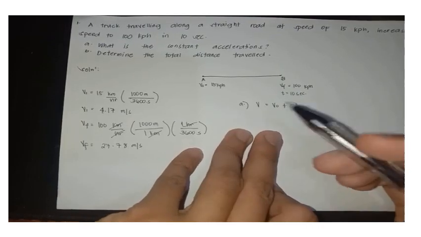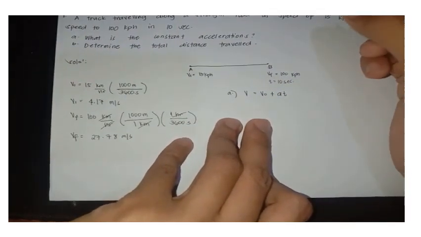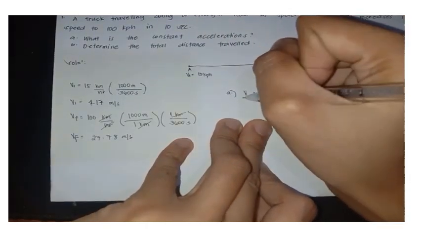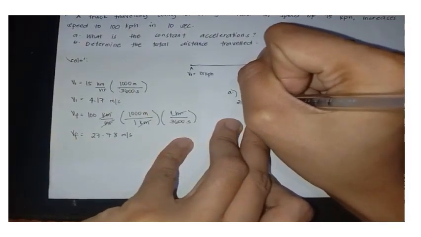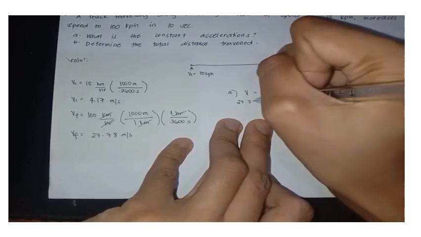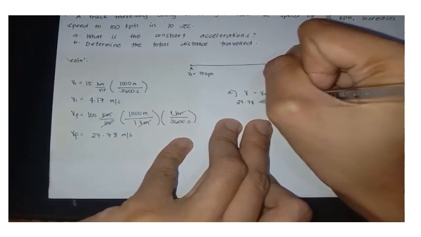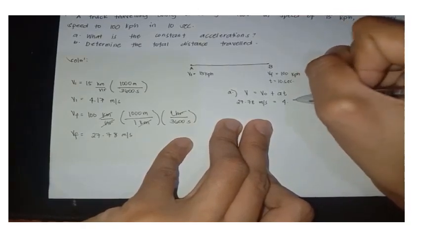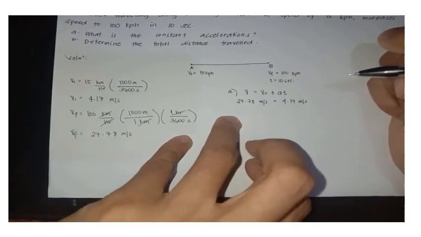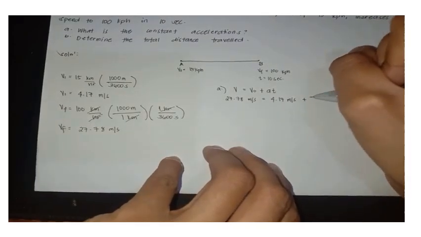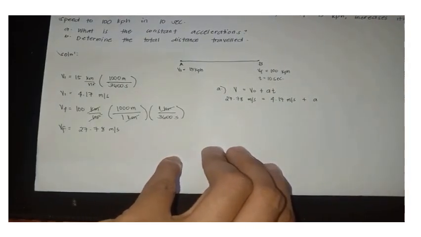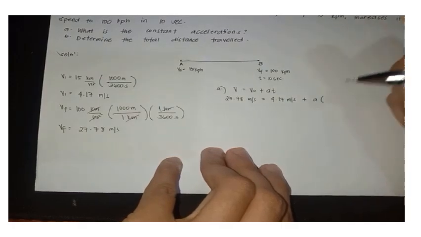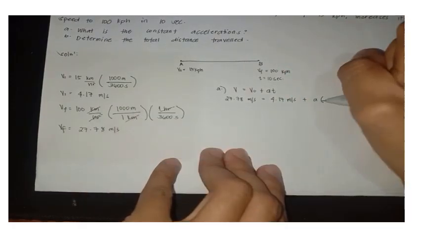Since we converted velocity to meters per second, we can substitute final velocity equal to 27.78 meters per second and initial velocity 4.17 meters per second, plus the acceleration, which we need to calculate, multiplied by the time, 10 seconds.